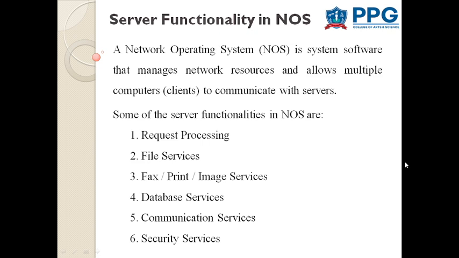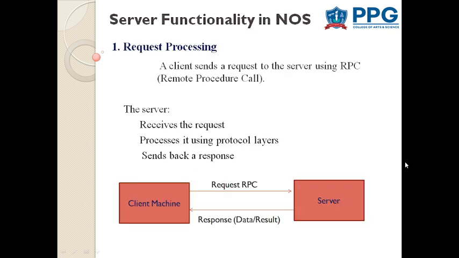First, we will see request processing. A client sends a request to the server using remote procedure call. Whenever a client needs data, it sends a request to the server using RPC, that is remote procedure call.